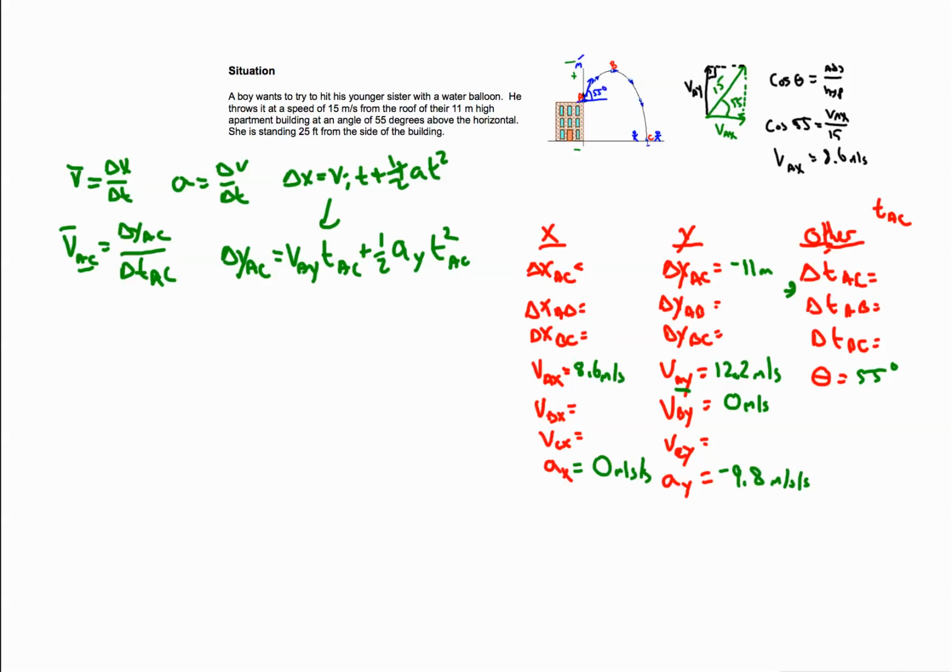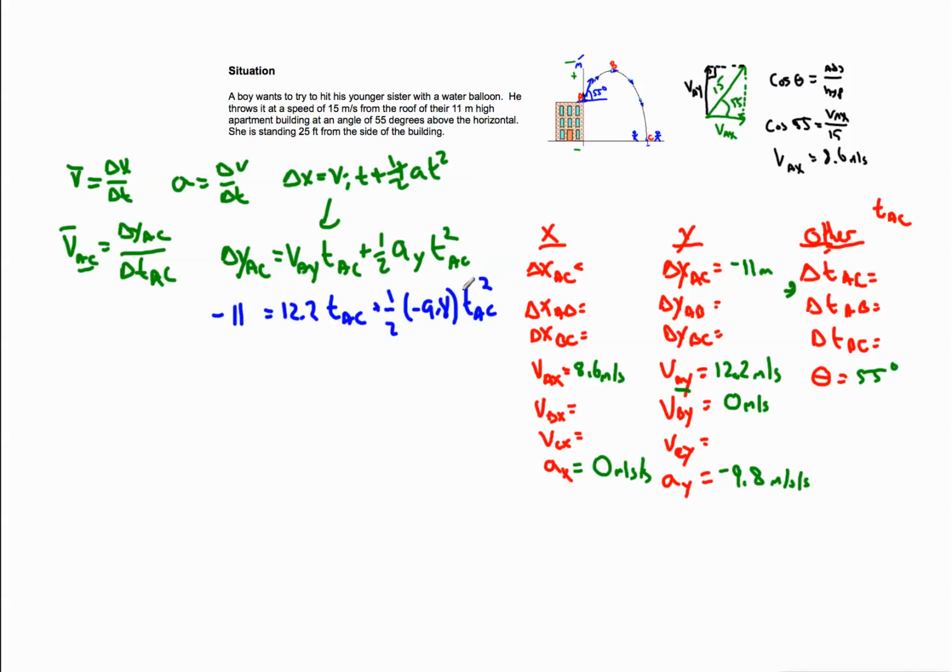All right, now let's go ahead and put some numbers in. I think I'll go for work in blue. This is negative 11. I picked that up from right there. 12.2 t from A to C plus 1/2 times negative 9.8 times the time from A to C squared.